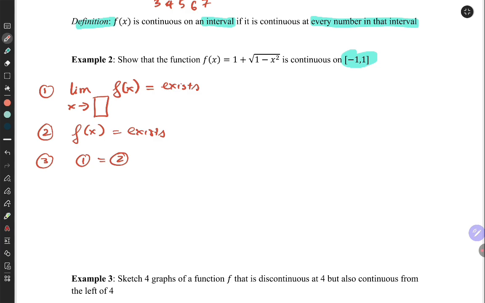Then how do we write something that represents that idea? We're approaching a whole interval, not just one number anymore. So we just pick a random number, an arbitrary number given a letter, x approaches a, and we say that a is inside this interval.